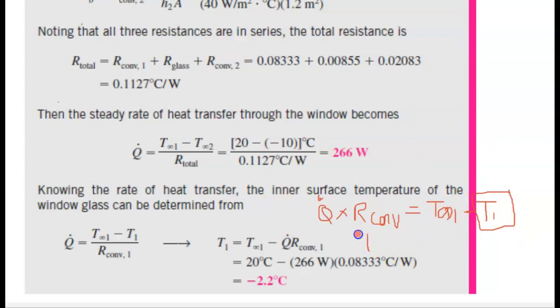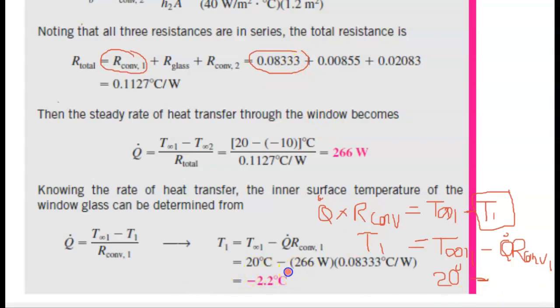So that will become T1 equals T infinity 1 minus Q R convection 1. And we put in the values. T infinity 1 is 20 degrees, minus Q, which is 266 from here, and R convection 1 is that value, 0.08333, and we put that in. That will give us the value for the temperature T1.